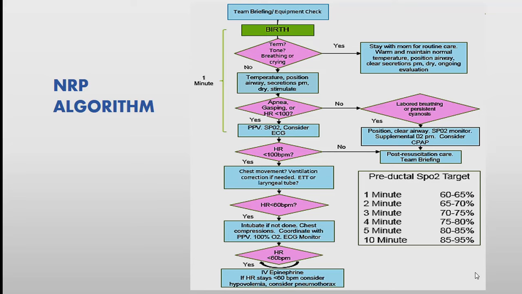Before I proceed on to the NRP algorithm, I just wanted to clarify that I know you may be confused as to the fetal circulation, because we are so accustomed to arteries carrying deoxygenated blood and veins carrying oxygenated blood.